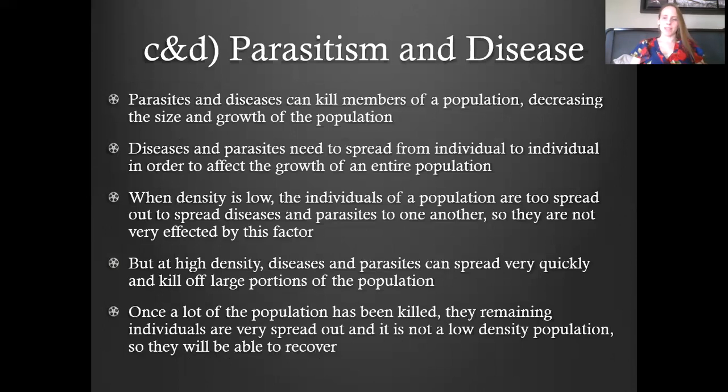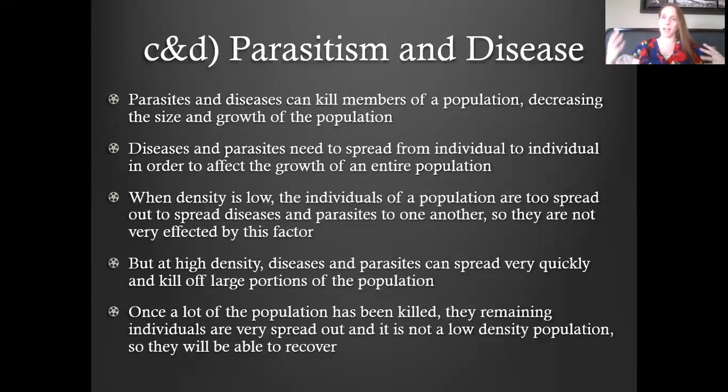And then with parasitism and disease, that's anything that's going to directly kill off some of the individuals in the population. And diseases and parasites both spread more quickly the more densely populated an area is. The more spread out the individuals are, the harder it is for them to come into contact with each other and spread disease.